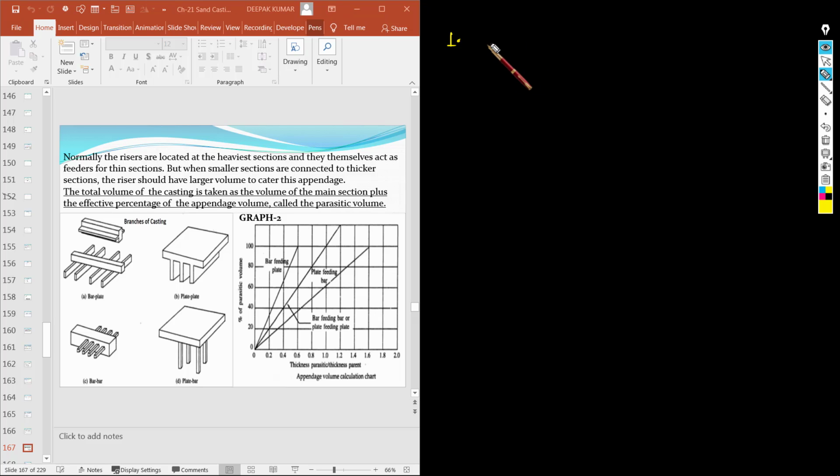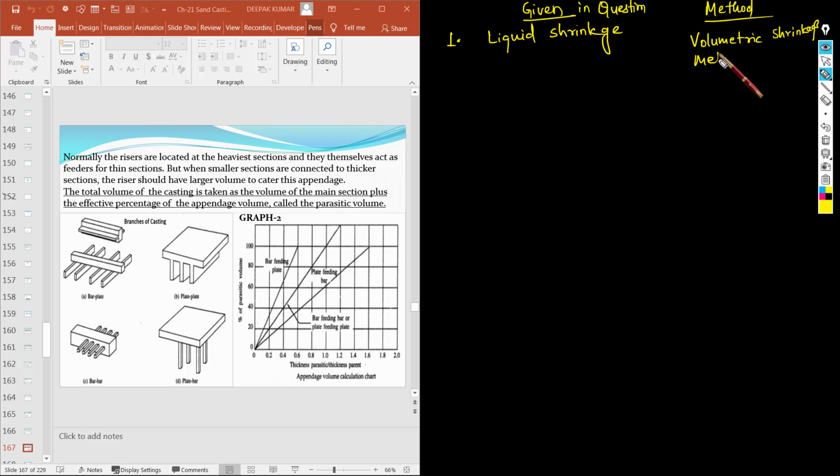First case, if liquid shrinkage is given in the question, then which method will you use? The method you are going to use is the volumetric shrinkage method. Clear? If values of 3 constants are given, then you are going to use Caine's method.